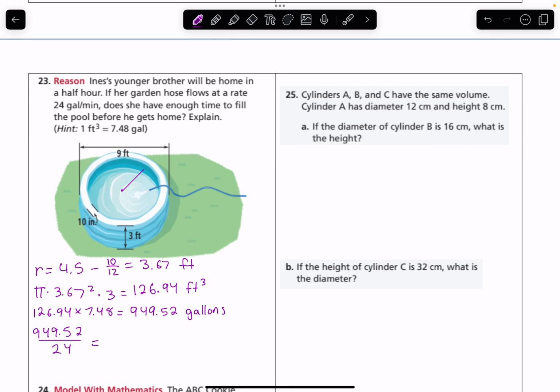That gives me the time, 39.6 minutes. But there's only half an hour until Inez's younger brother gets home, so there's not enough time. And there we go. Let's keep going.